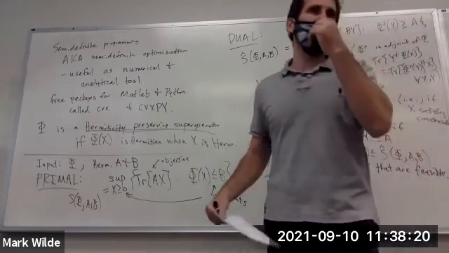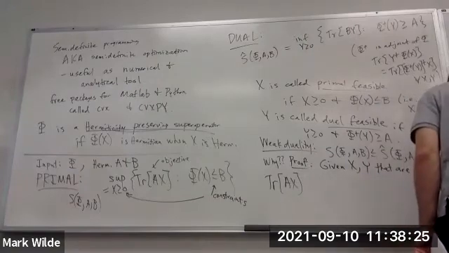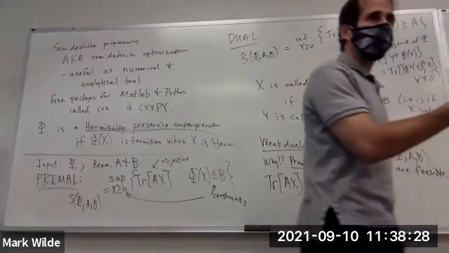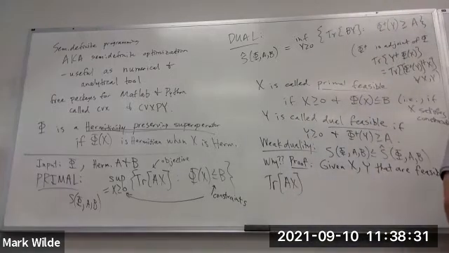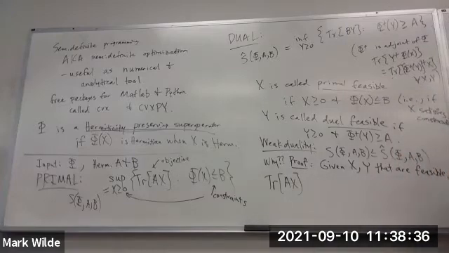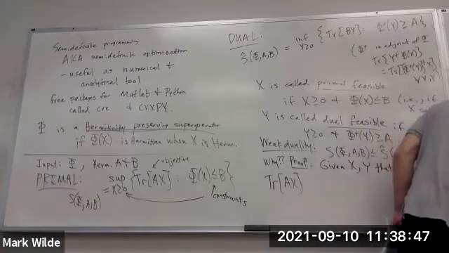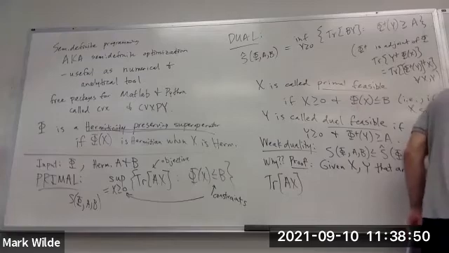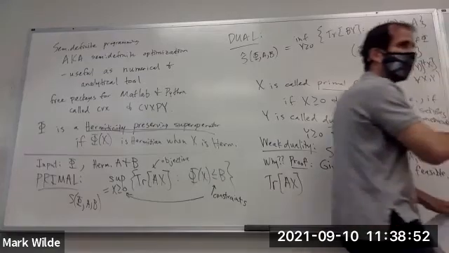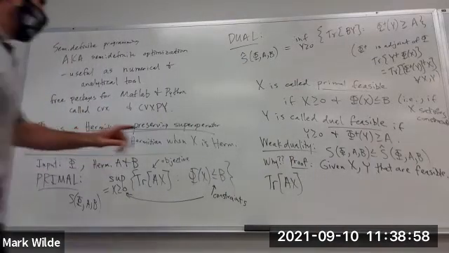To evaluate the trace of CD, what you'll find when you do the calculation is that it evaluates to a double sum of c_i, d_j, and then the absolute overlap squared. So the point is, each of these is non-negative, and you're summing non-negative terms. It's the basic thing that we need to understand this.